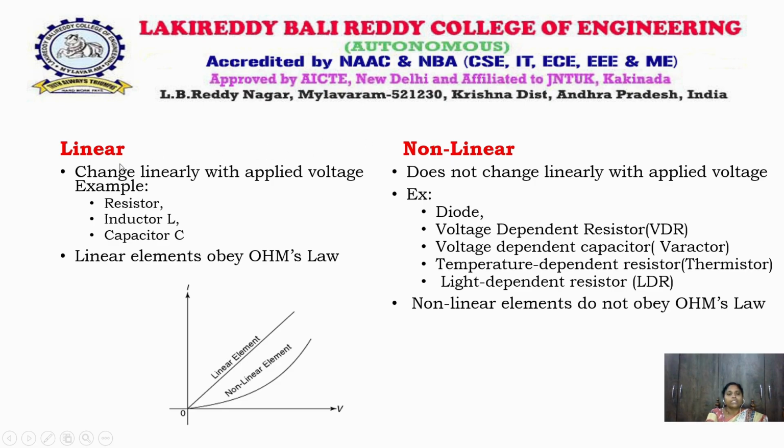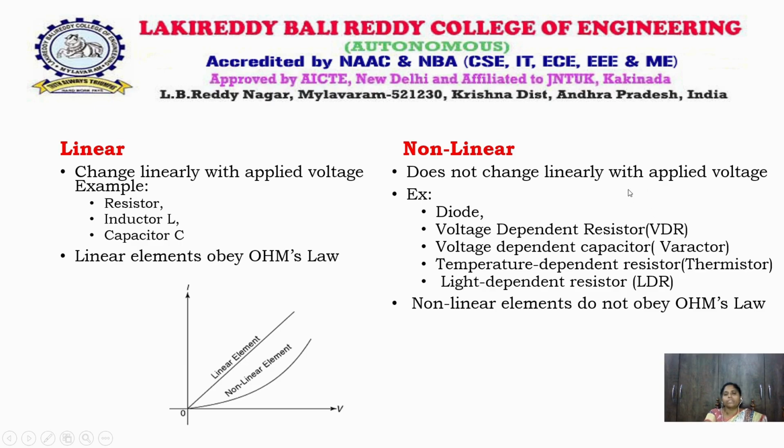In linear elements, the voltage and current relationship is linear: if the current changes linearly with the applied voltage, that element is called linear. Examples are resistor, inductor, and capacitor. Generally, linear elements obey Ohm's law.